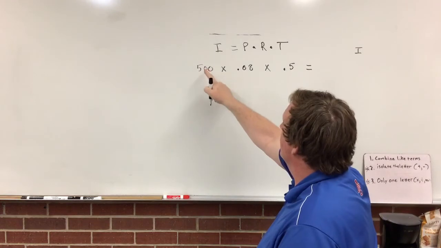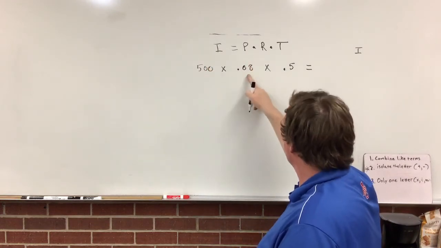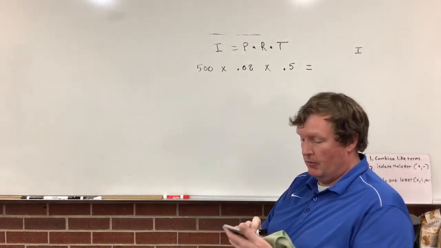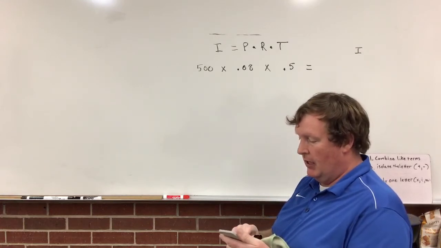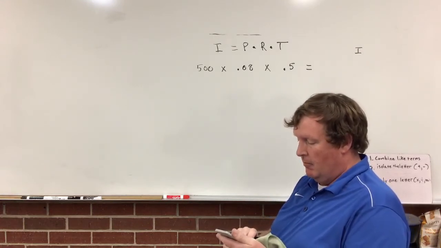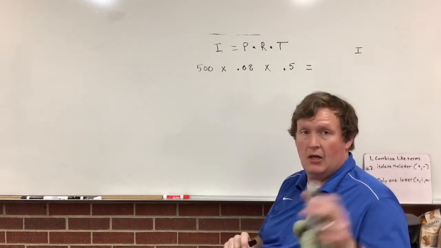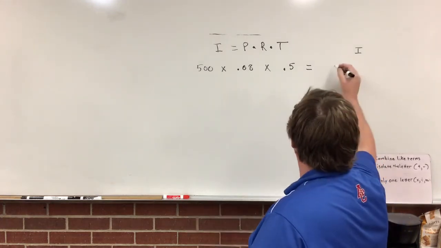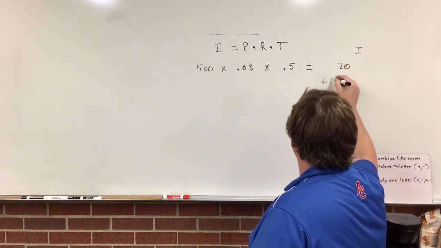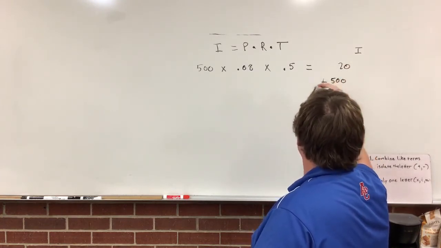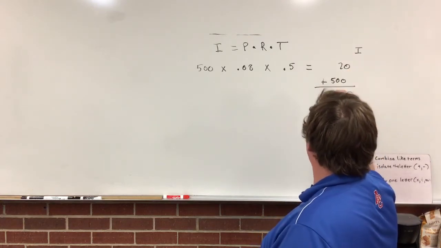So first of all, we take 500 times 0.08 times 0.5. So I'm going to do that: 500 times 0.08 times 0.5. When I did that, I got the answer of $20. And so my first step then is to bring my principal back here and add 500 plus $20.